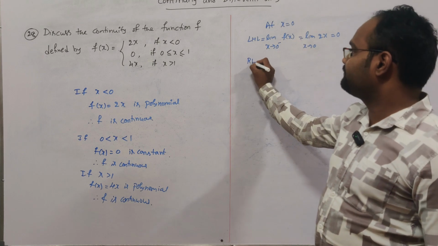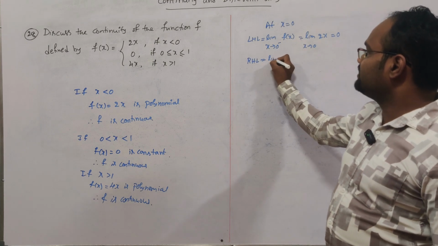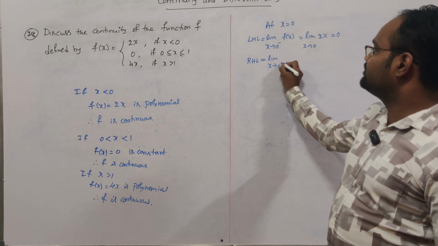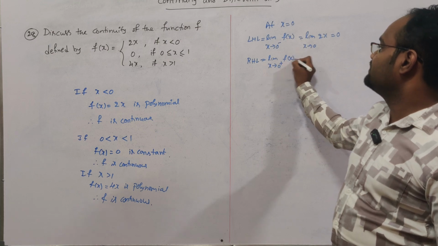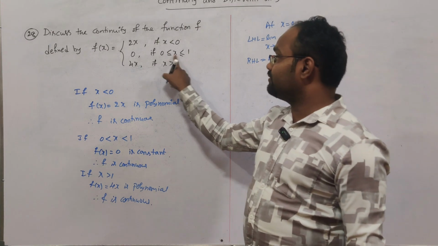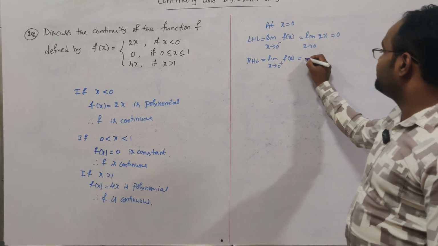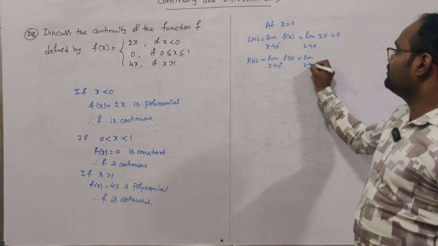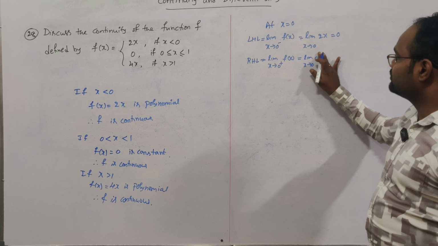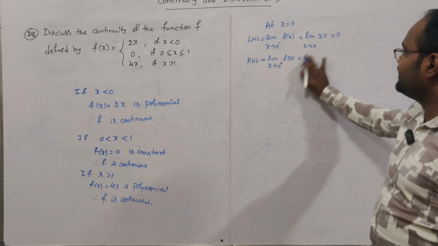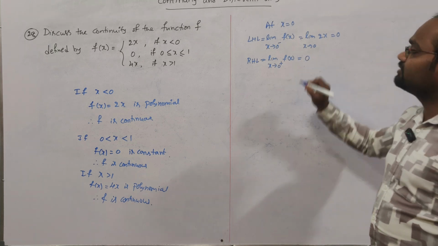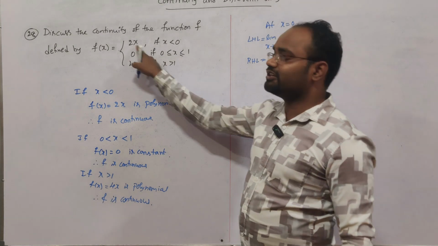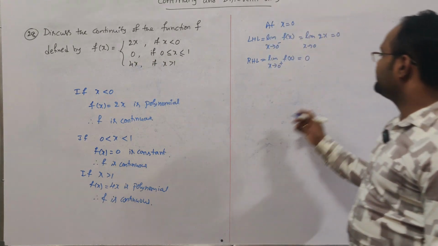And what is the RHL? The limit as x tends to 0 plus of f of x; slightly greater than 0, f of x is 0, therefore the limit as x tends to 0 is 0. Directly we can take it as 0 only, because slightly greater than 0 the functional value is again 0, no need to check it.